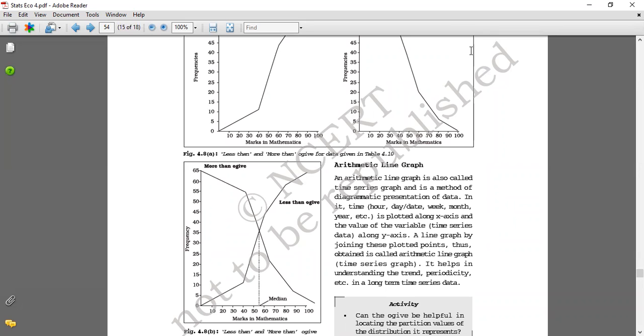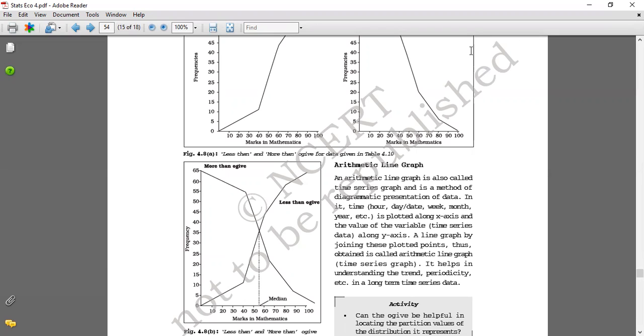The intersection of these two curves gives the value of the median. When we are finding the median, we find the middle value of the data, and that can be found through these OGIVEs. But we have to remember one thing when we are drawing them. The less than OGIVE curve is obtained by plotting the less than cumulative frequency against the upper limit of the class interval.